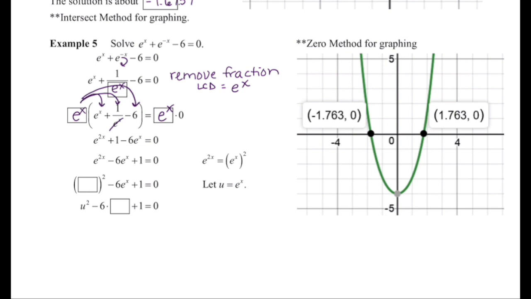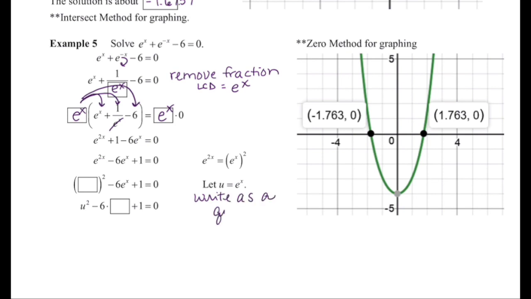I'm going to rewrite these in descending order by exponent, so e to the 2x minus 6e to the x plus 1 is 0. We're going to write this as a quadratic so that we can factor.